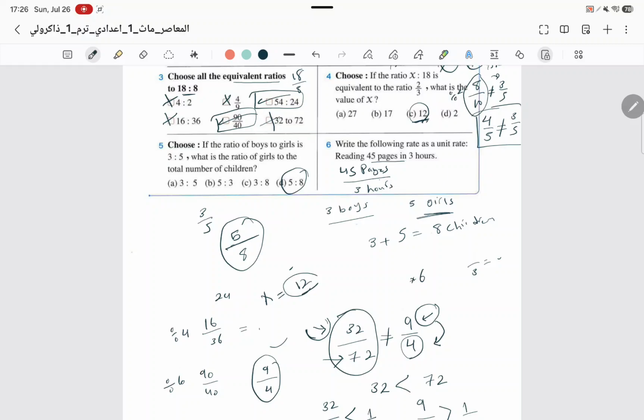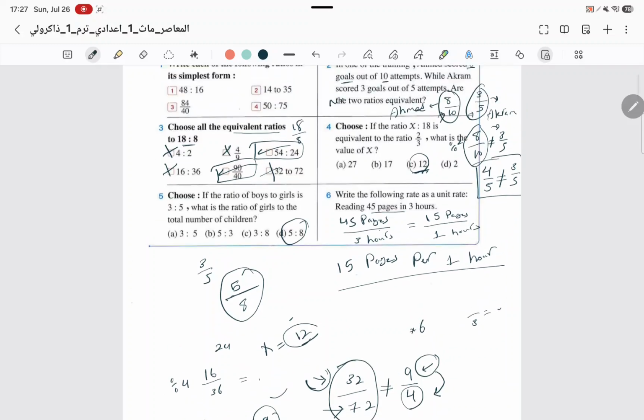If we divide both the top and the bottom by 3, we will have 15 pages over 1 hour. It means that person reads 15 pages per 1 hour.